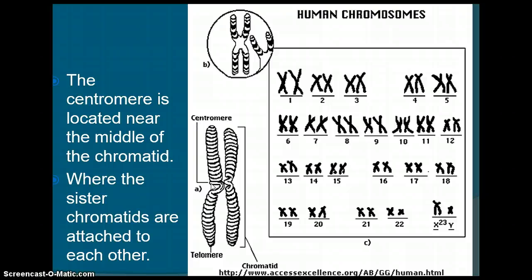Remember, a chromosome is made of 2 sister chromatids. We have one chromatid here and another chromatid here, and in the middle is the centromere, where those sister chromatids are attached to each other. This gives you an idea, before we start into cell division, of what this DNA looks like. When we go into mitosis, you'll see how these split.